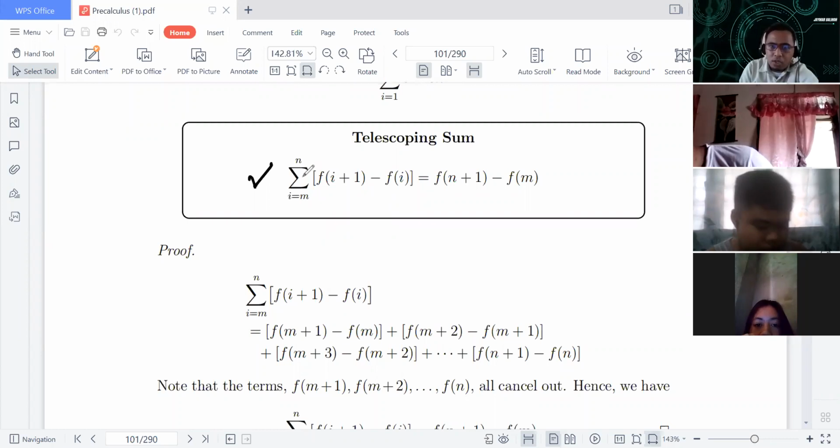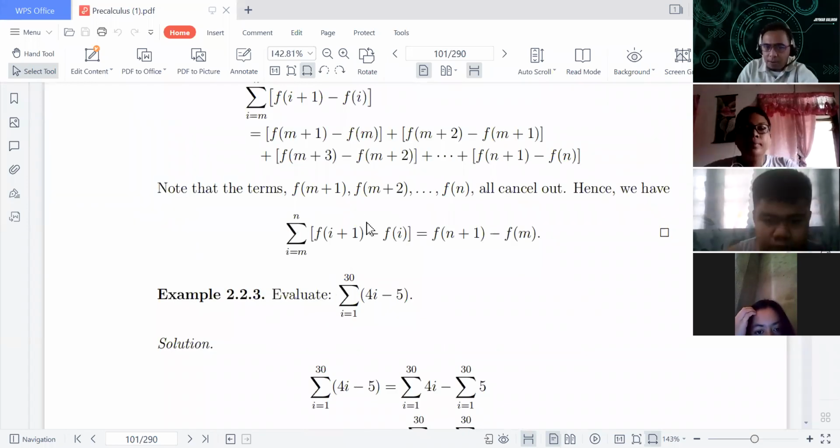If you have summation of f of i plus 1 minus f of i, where i ranges from m to n, that is just equal to f of n plus 1 minus f of m. That is called the telescoping sum, and it is the formula we use in deriving the next formulas.